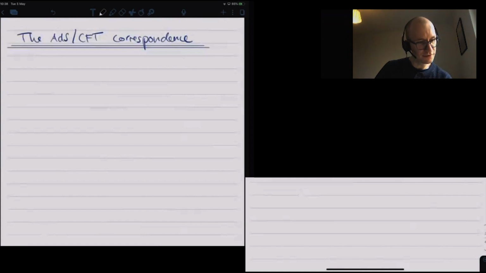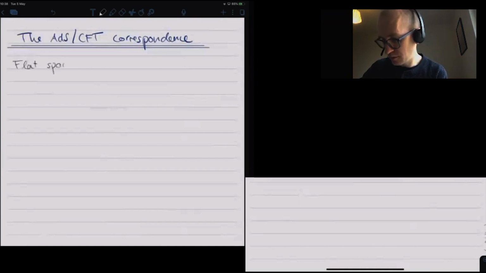Let me just remind you one more time about our philosophical approach here. So in flat space, we start with the idea that we want to work on the basis of Poincaré invariance, let's say in 4 dimensions in our case.